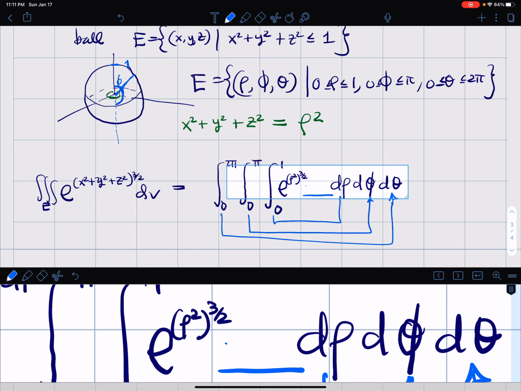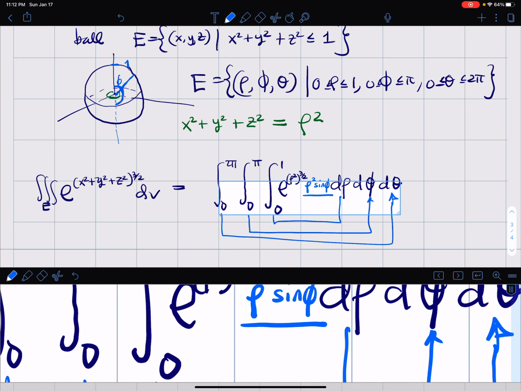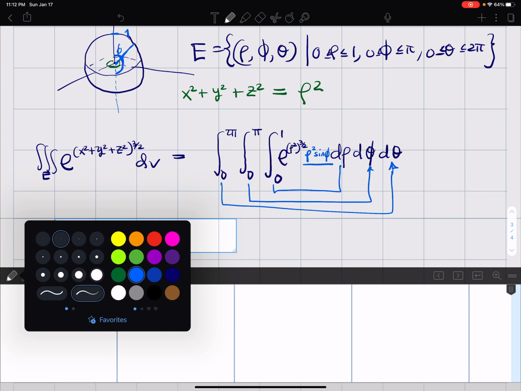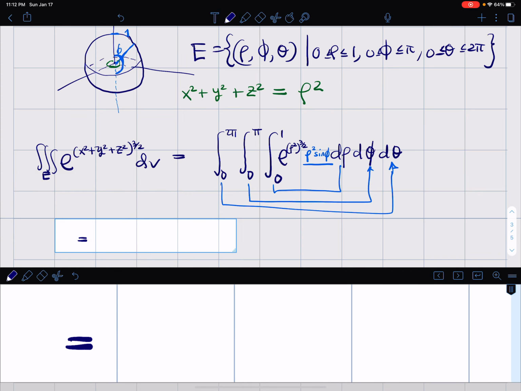Here you have to add rho squared sine phi. In every spherical coordinate integration you do, you have to add that. Rho squared sine phi. We'll discuss it in class more, but just remember to do it for now.